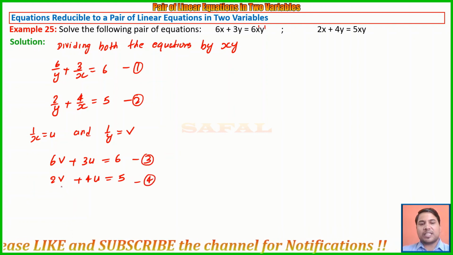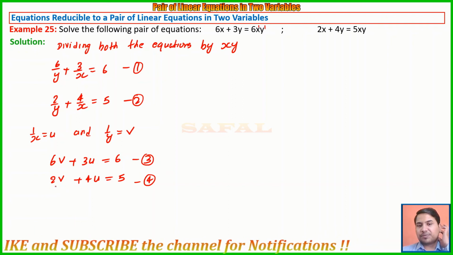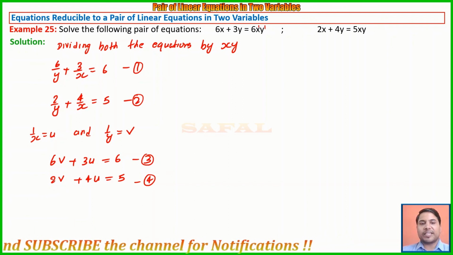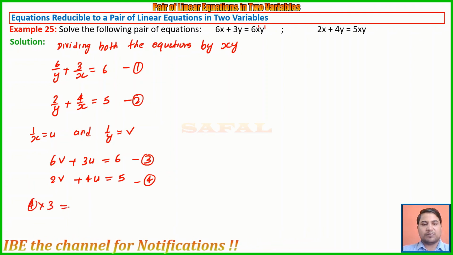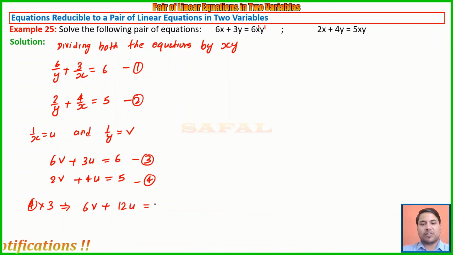Now if I multiply equation 4 by 3, the coefficient of v I can make 6. So equation 4 I am going to multiply by 3. So 3 2s are 6, so 6v plus 3 4s are 12, so 12u, and 3 5s are 15. Let me call this equation 5. Now I am going to subtract equation 3 from equation 5.